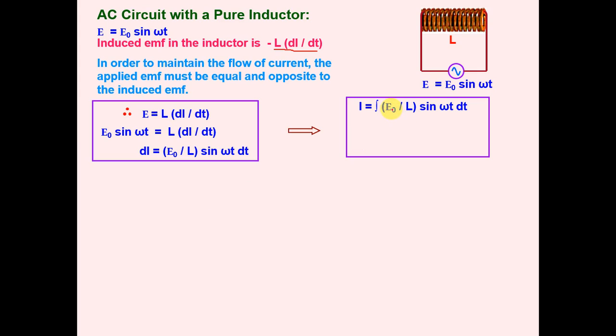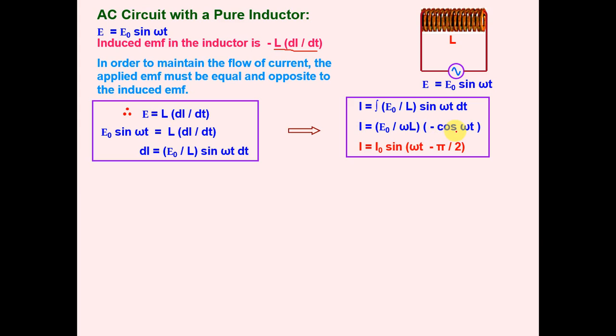You will integrate this expression. Epsilon naught over L are constant physical quantities. Now if you integrate sine omega t, what do you get? Minus cos omega t over omega. So omega is written here. So what we are getting for the current I is epsilon naught over omega L times minus cos omega t.